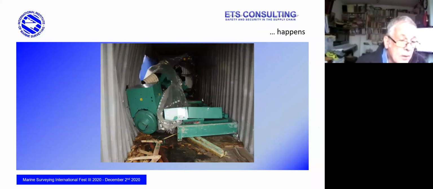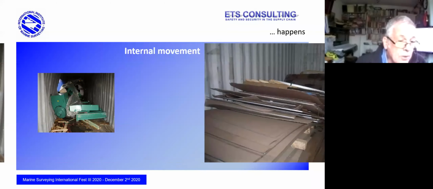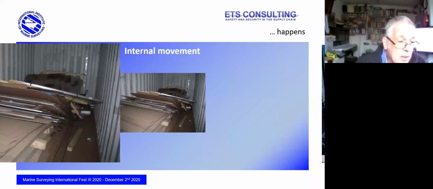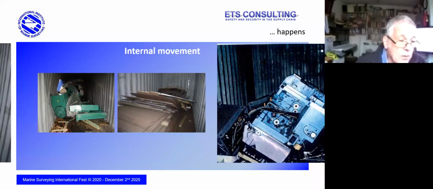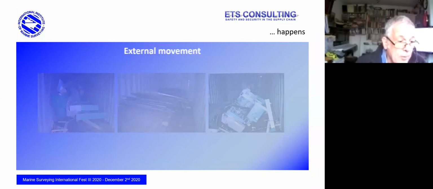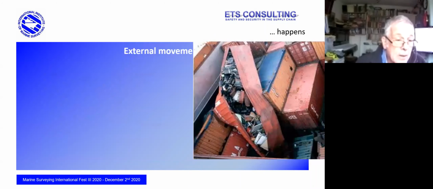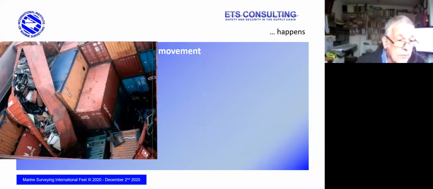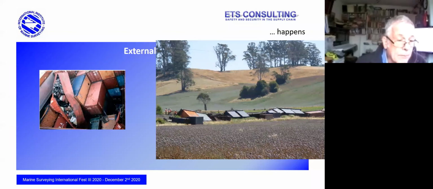In the case of the picture on the left-hand side, it was a 5-ton generator, and the packers said it's so heavy it'll never move. Well, clearly it did.